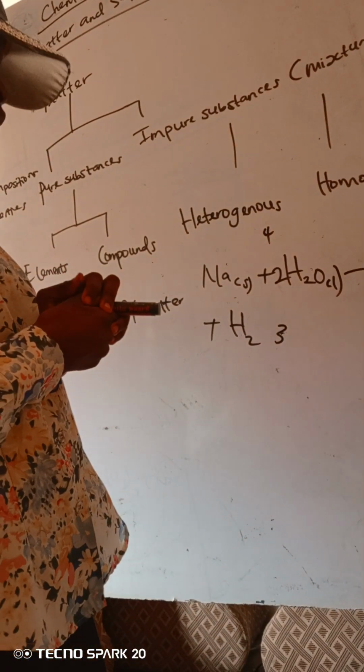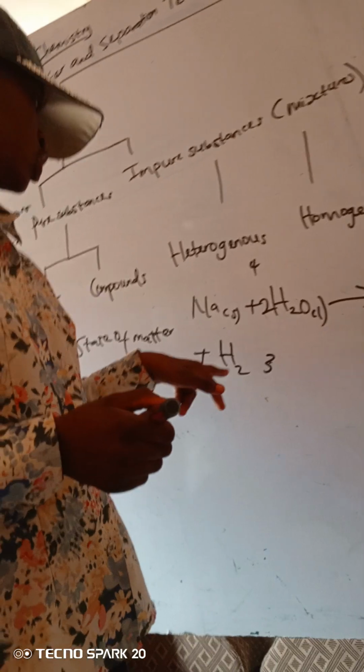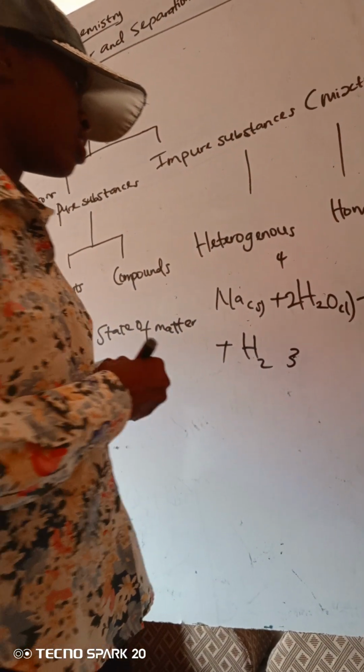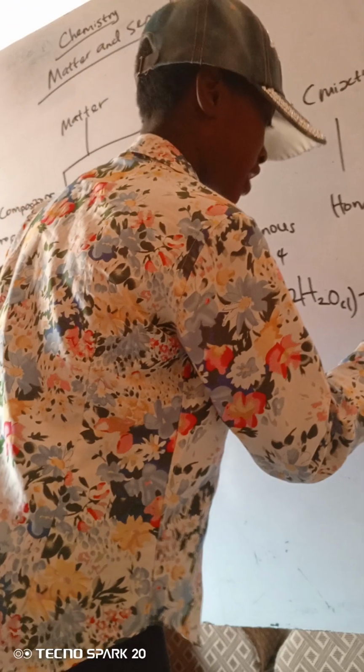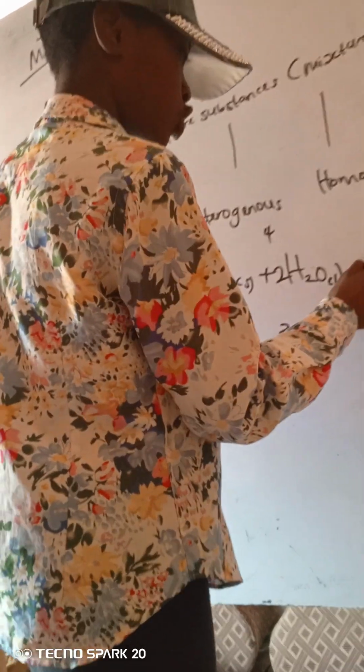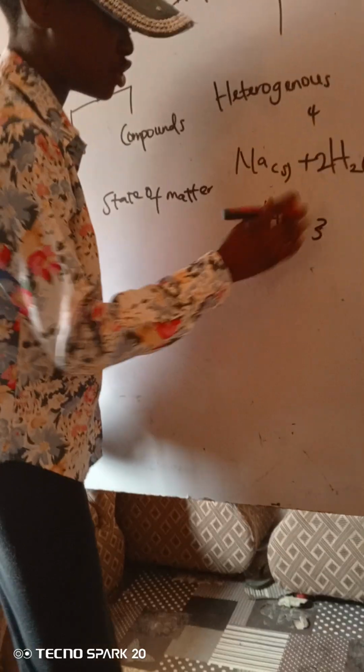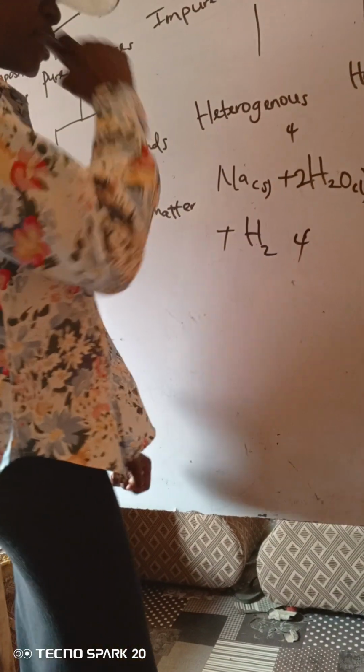So if we are to introduce 2 here, this will give us 2 atoms of hydrogen and 2 atoms of hydrogen, making 4. So this equation is balanced.